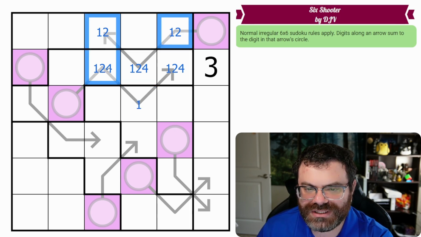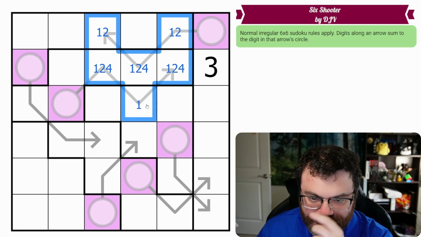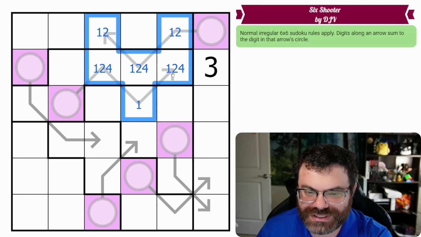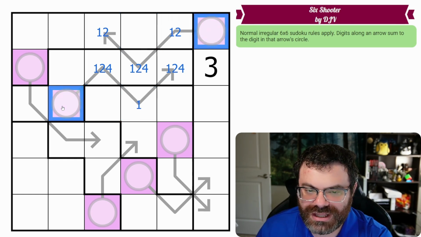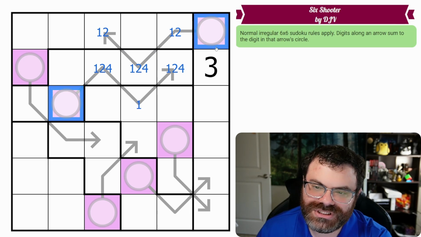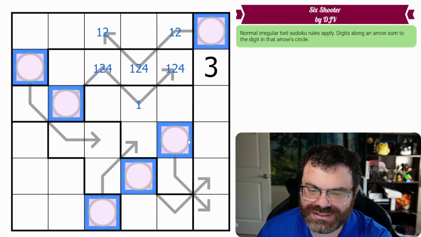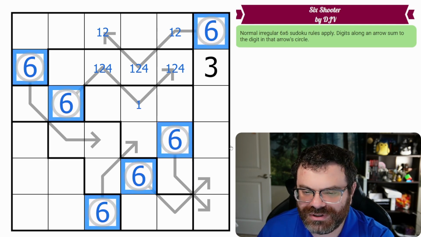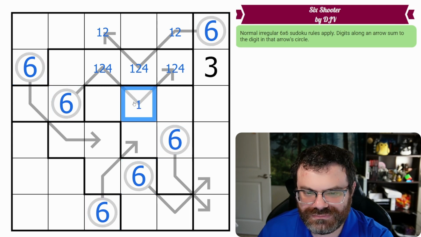So we've got 3 plus 7 is 10, plus 1 is 11. So technically the minimum sum of these arrows is 11. However, these are the same digit, which means they have to add to an even number. And so we have to round up to 12, which is the maximum. That does actually put 6 into all the purples, because this has to be 6 plus 6 to make 12. So these don't need to be purple anymore because they're just 6s.